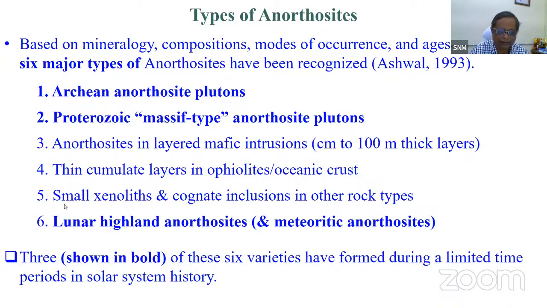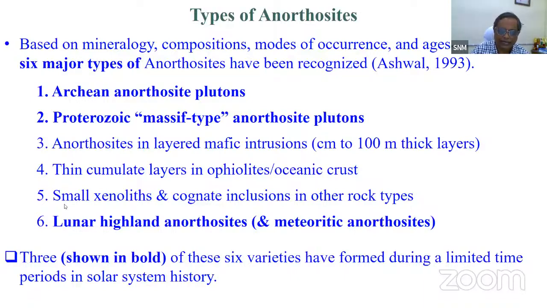Among the first 5, Archean anorthosites and Proterozoic massive anorthosites are very important for us petrogenetically, though layered complexes are also known to us. They comprise anorthosites. And out of these 6, 3, including the lunar highland anorthosites, formed during a very limited period of time in the solar system history.